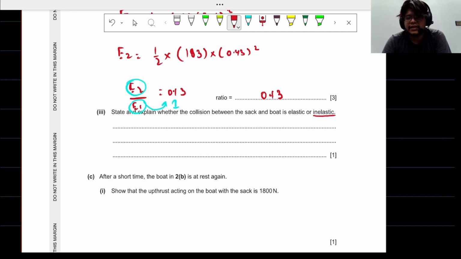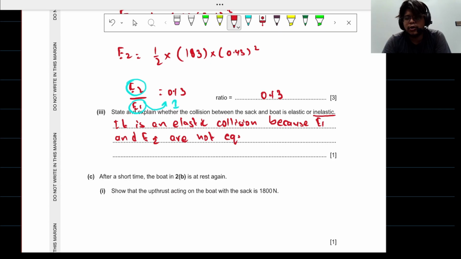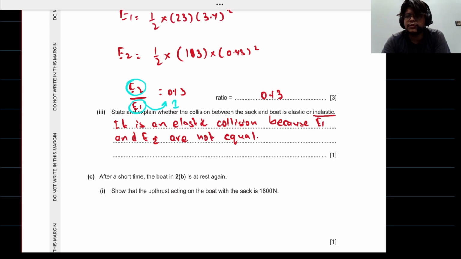So first we state that it is an inelastic collision, because E1 and E2 are not equal. You can also state that the ratio E2 over E1 is not equal to 1. This means the same thing.